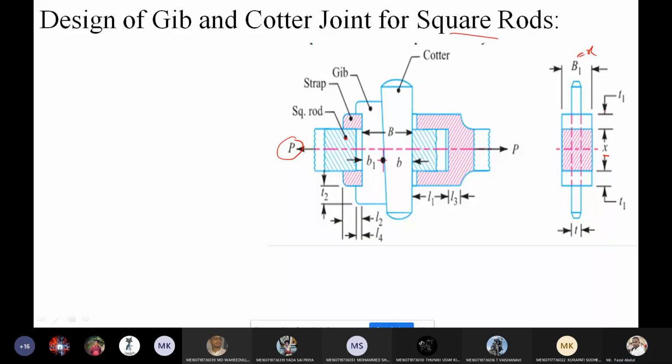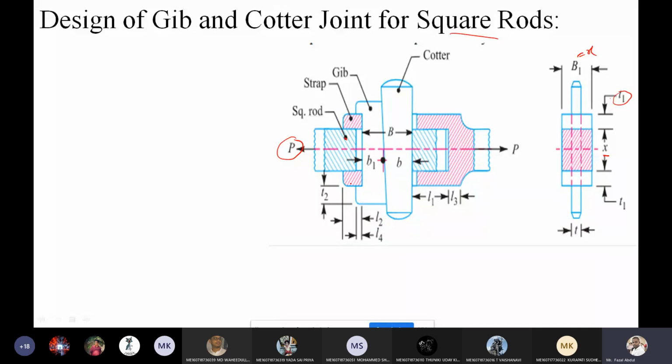And t1 is known as the thickness of the strap end. Here the strap end is appearing. This thickness is t1, and its width is b1. It means the width of the strap end and the square rod is the same. And L2 is the length of the strap end from here to here.